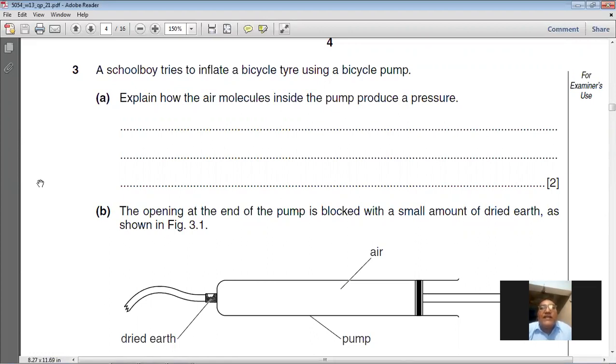So when they move randomly in all directions, they collide with the walls of the pump. When they collide with the walls of the pump, they exert force on those walls. So that force per unit area of the walls of the pump will create pressure. So this is the cause of the pressure.